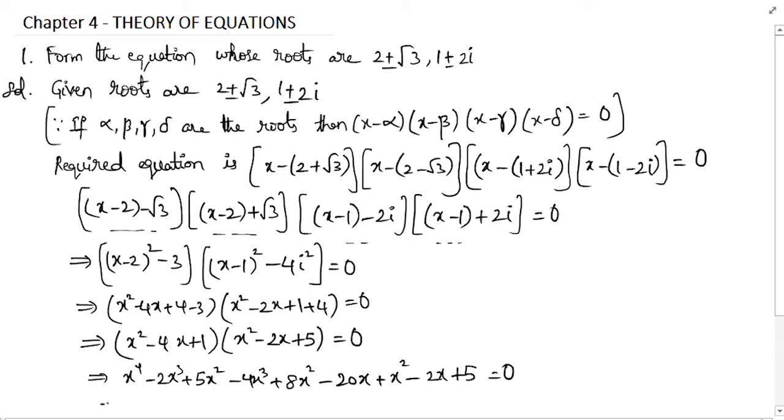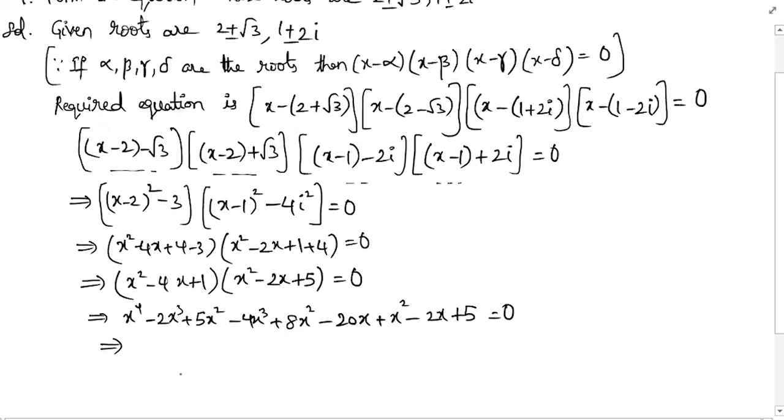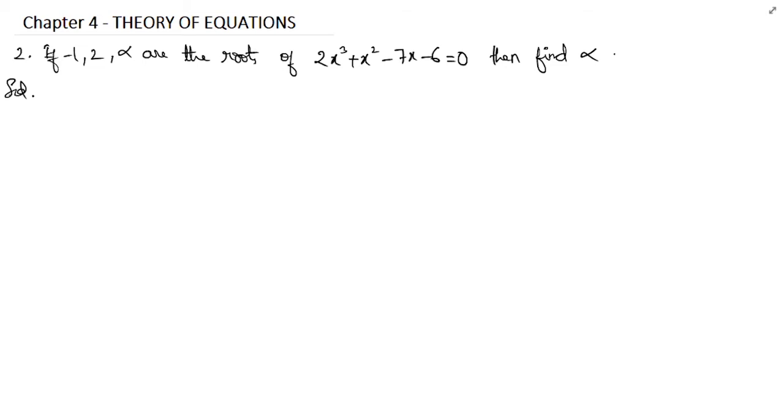Which implies that x power 4 minus 6x cube plus 14x square minus 22x plus 5 is equal to 0. Okay, so this is the equation which is formed using the roots given. So now we'll move on with the second question.